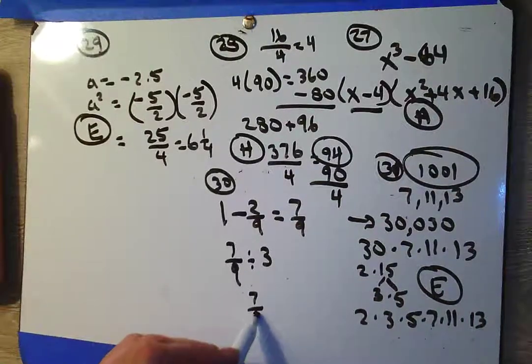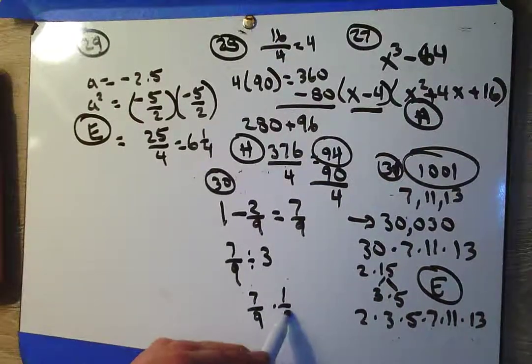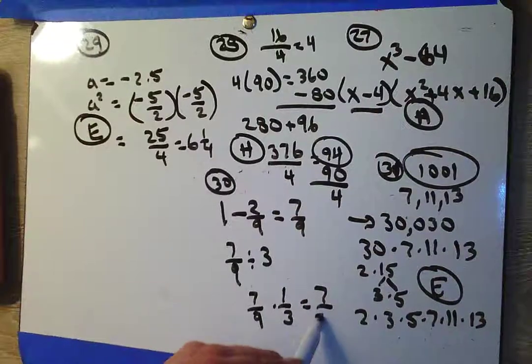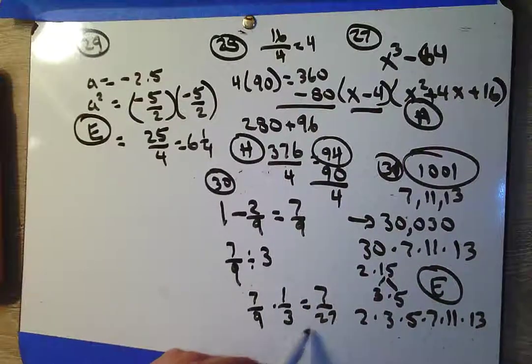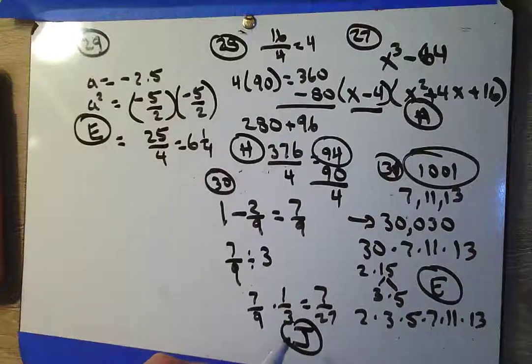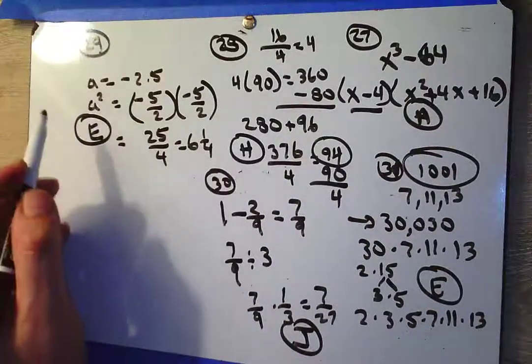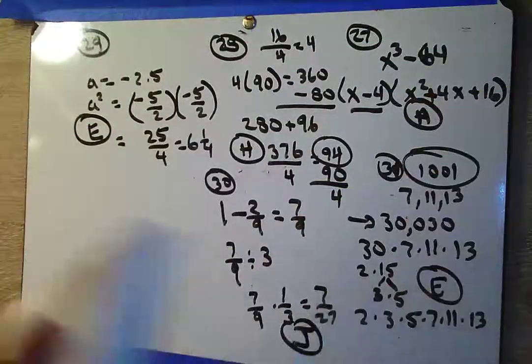That's the same as 7/9 times 1/3, or 7/27. And that's choice J for 30. Okay, 32, 33, 34 all deal with this picture, so I think I'm going to start over and draw the picture.